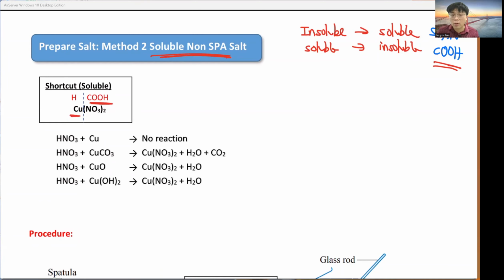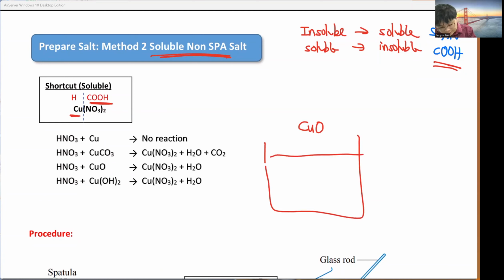But I have one problem on this side. If I put CuO into a solution, let's say this is CuO, I throw it inside the water, it doesn't dissolve. If it doesn't dissolve, I won't be able to get my copper 2 nitrate. Even though there is nitrate inside, it will be useless, because as long as my copper 2 oxide doesn't dissolve in water, you won't be able to get your copper 2 nitrate solution.